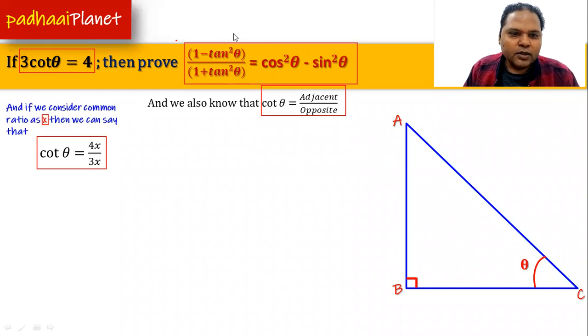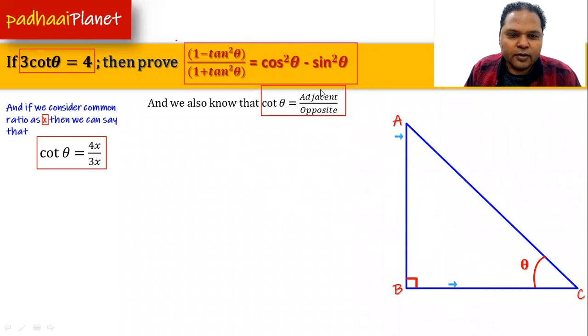Now with this, this AB is the opposite, because AB is right opposite to our angle theta, and the line BC is basically the adjacent of it, because it is adjacent to angle theta here.